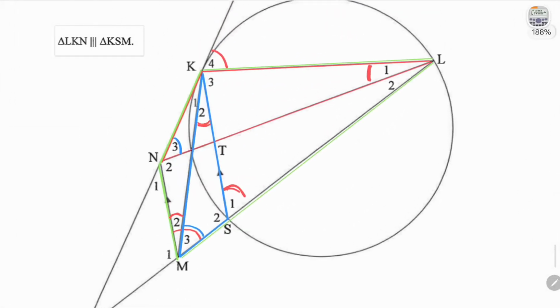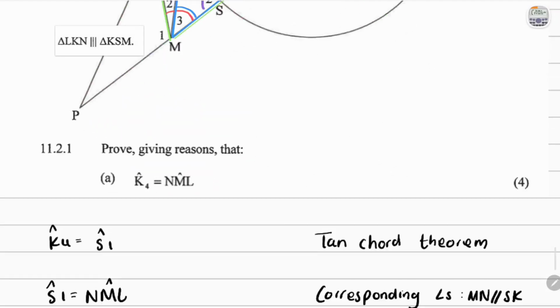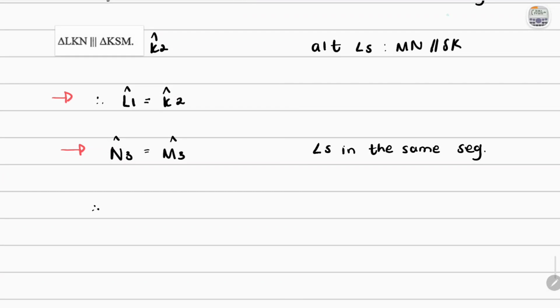So we can finally just tell them that this last angle would be equal. It was LKN and KSM. So the other angles that we didn't really speak about yet was this angle here. All of that is actually equal to this angle, angle S2. So we can just tell them that. Let's just go ahead and call this angle LKN. So angle LKN is equal to angle S2 because we have two other angles equal.